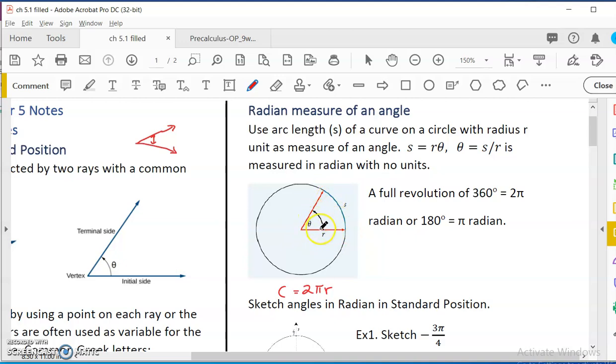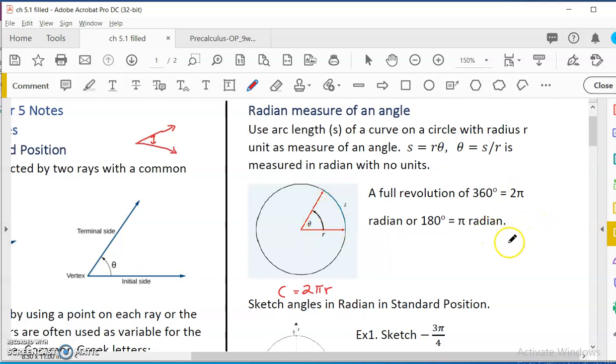The angle tells us how long this S is compared to R, meaning how many radii we are talking about to describe this angle. So if I measure a length of 1 radius, my angle theta is equal to 1. We call it 1 radian because it corresponds to 1 radius length.